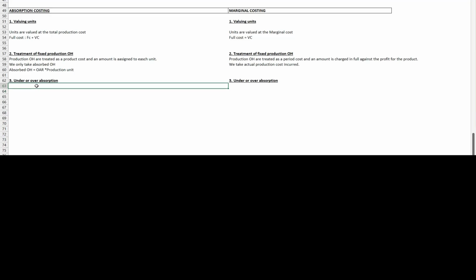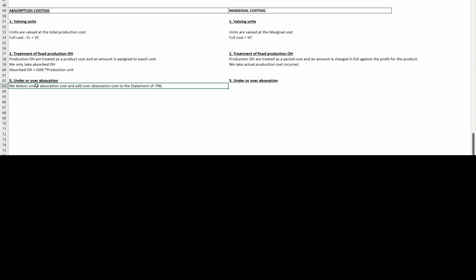Okay. So in case of absorption costing, we deduct under absorption cost and add over absorption cost to the statement of P&L, and we will learn this later on, right?